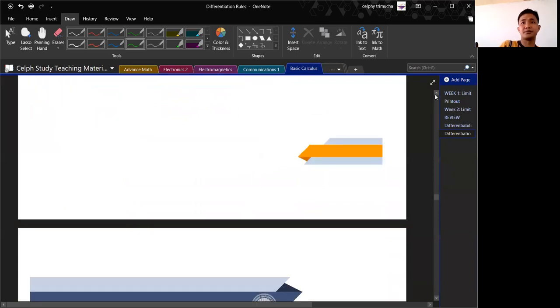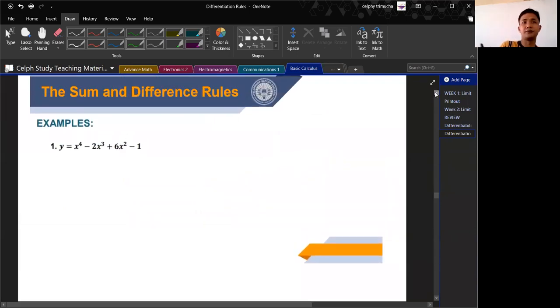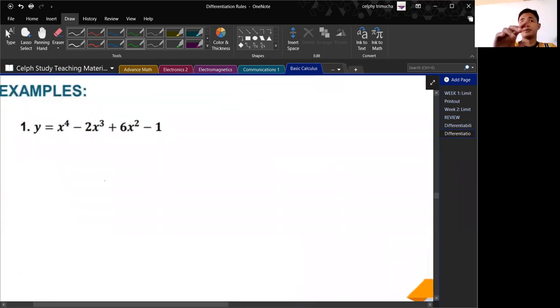So we have an example here: y is equal to x to the fourth minus 2x cubed plus 6x squared minus 1. Since y is given, our derivative can be expressed as dy over dx, or we can also use y prime.